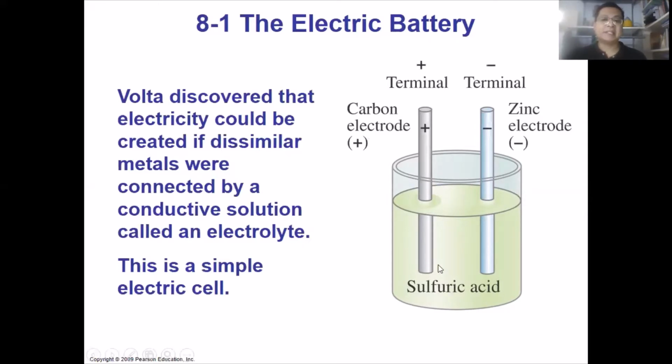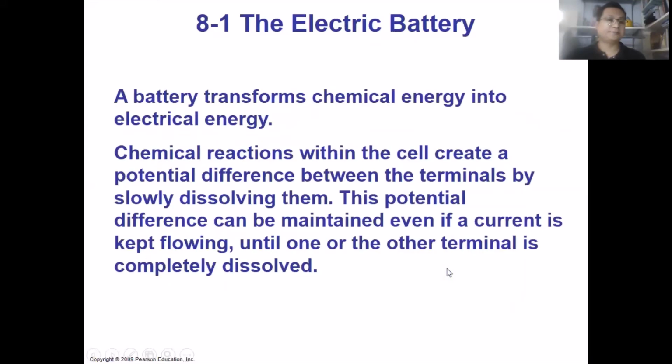By this reaction, we will create electricity. The electricity will flow from the negative to the positive actually. But in the reaction, the positive will release the electron to react with the negative.